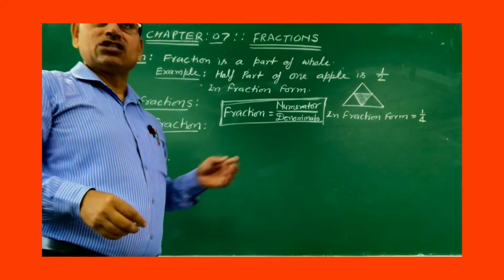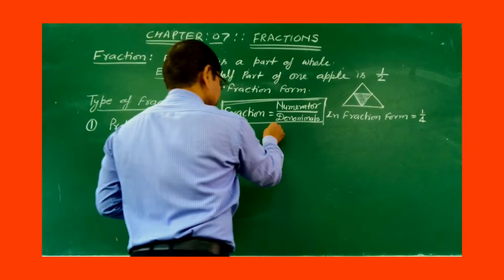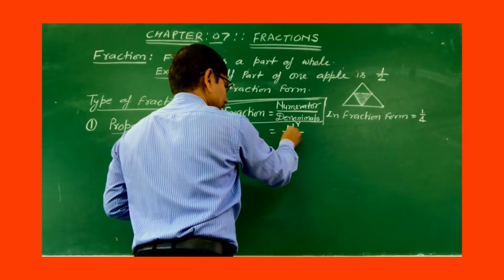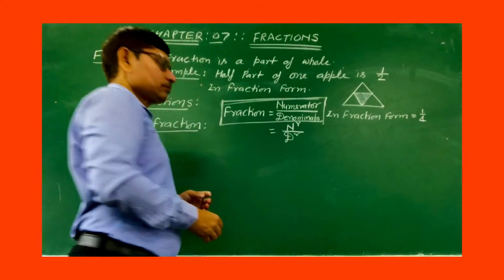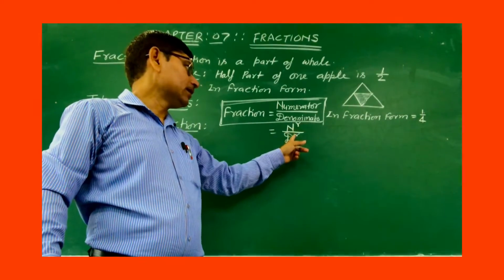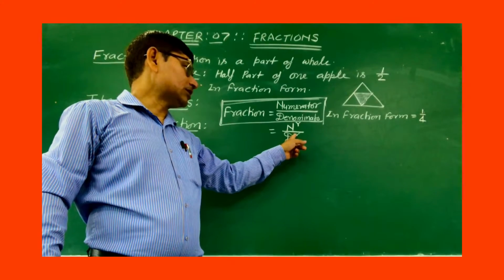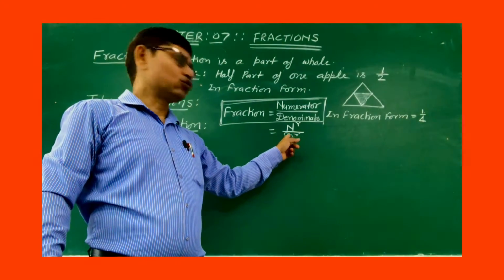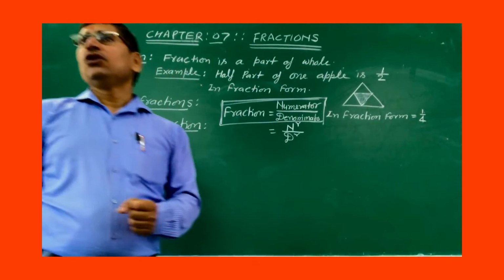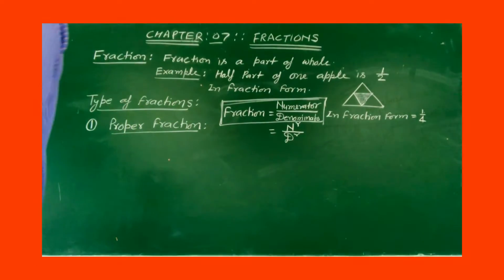And simply you can write it as N by D, this is the short form, where N is the numerator and D is the denominator. So in short form you can write that fraction equals numerator by the denominator.